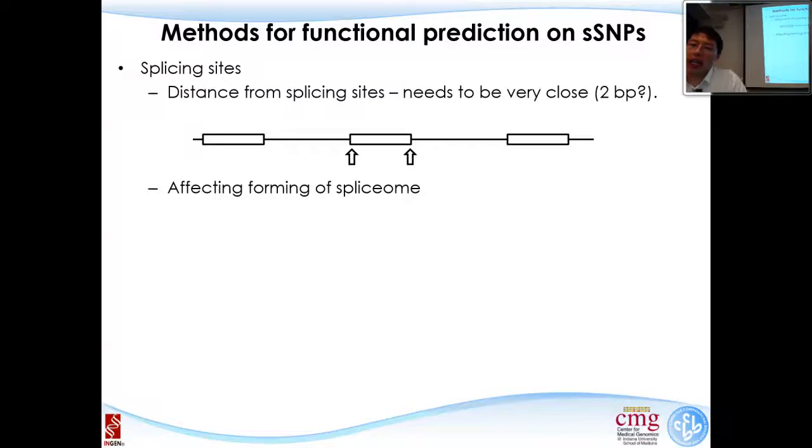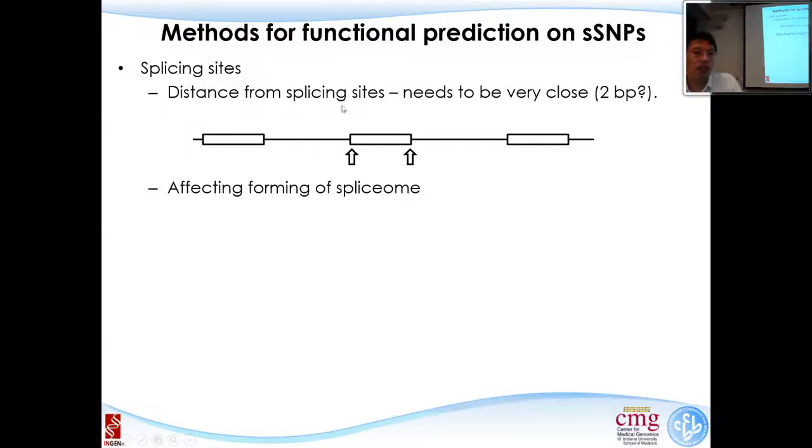Now I'll tell you about some of the methods for predicting the effects of these synonymous SNPs. If we have 30,000 synonymous SNPs, how do we predict which ones are likely to be more important? Here is the information people often look at.